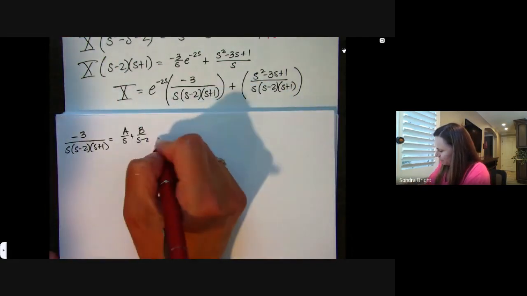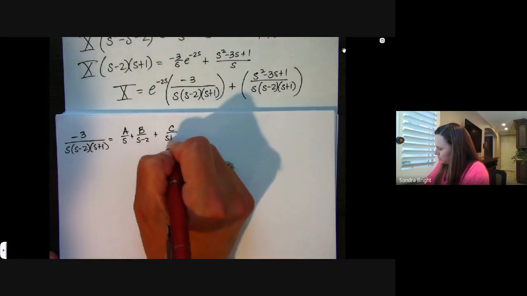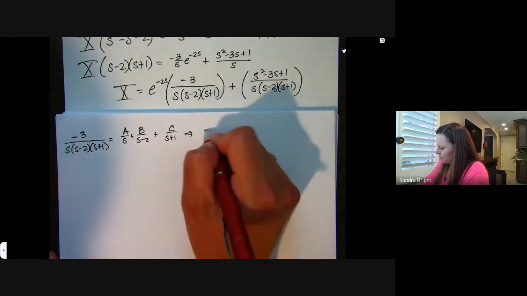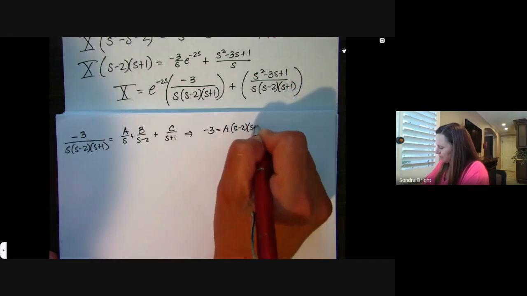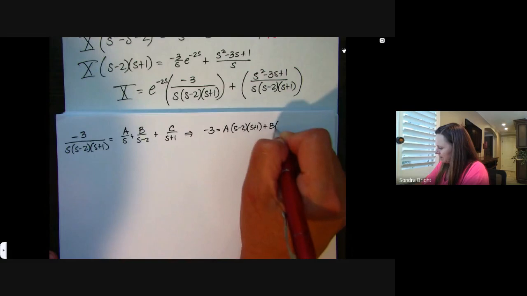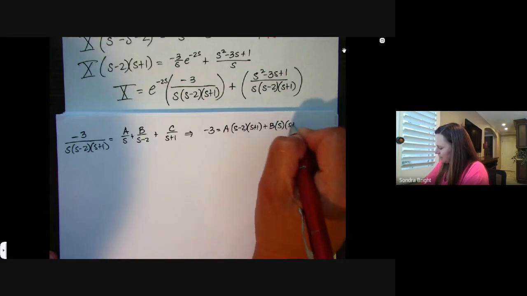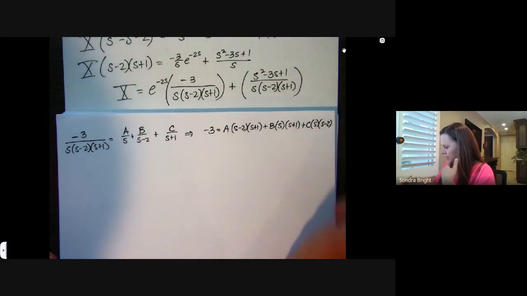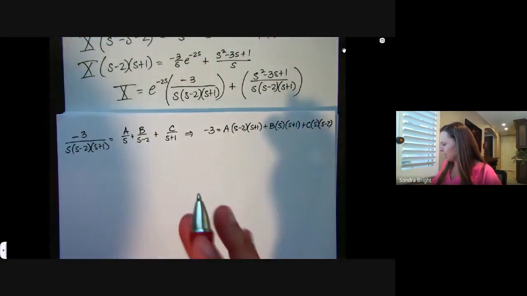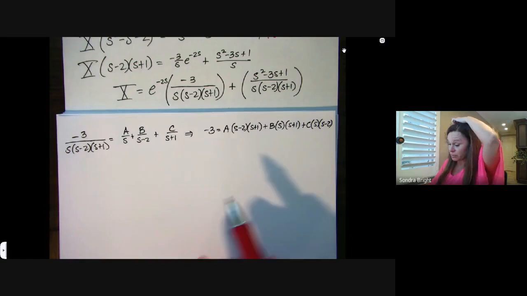And c over s plus 1, which will give you negative 3 is equal to a times s minus 2 and s plus 1, plus b times s plus 1, and then c times s minus 2. Obviously you plug in 2, negative 1, and 0 as the values of s.